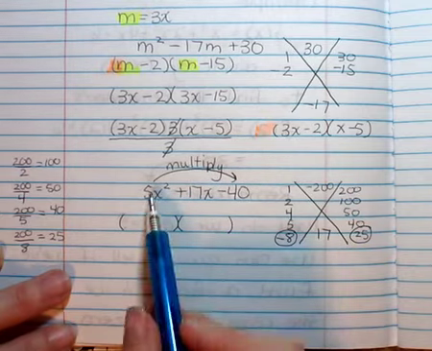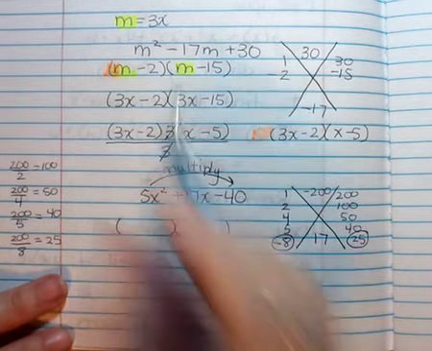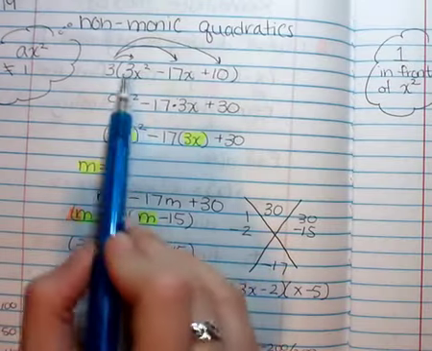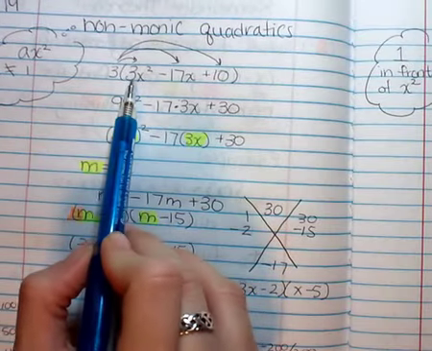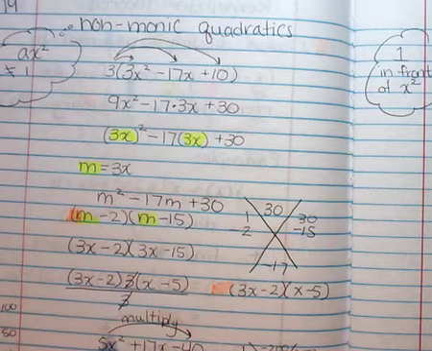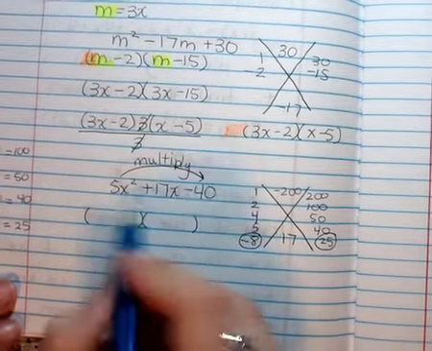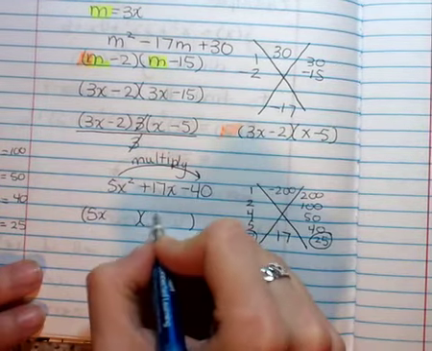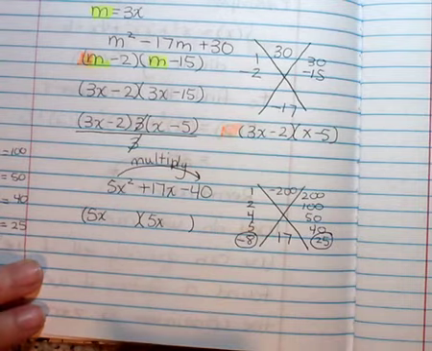We knew that in our original problem, the thing we substituted was our very first term in our polynomial. So here our first term is actually 5x squared. So we know the first term is going to be 5x in both of our factors.